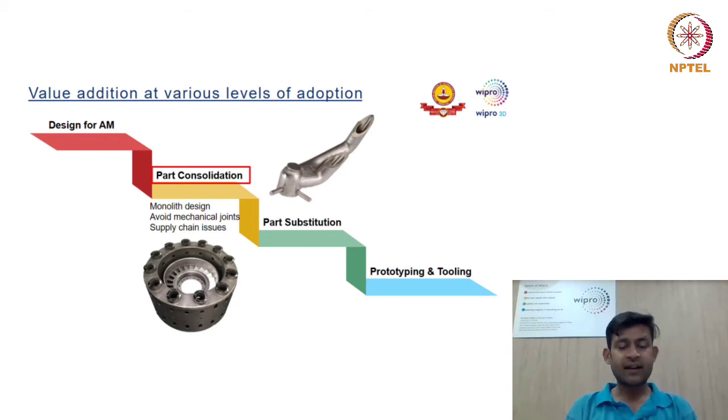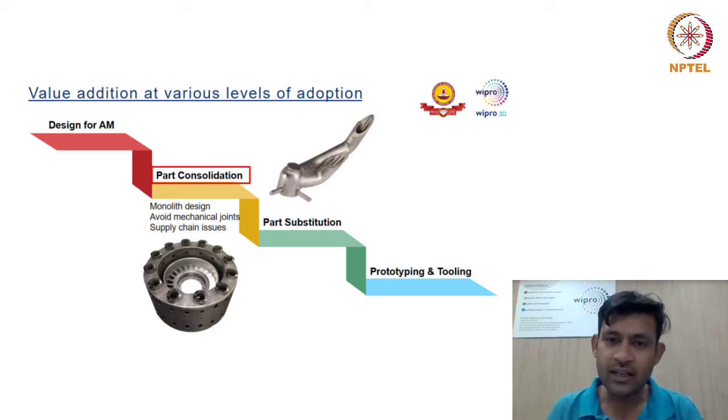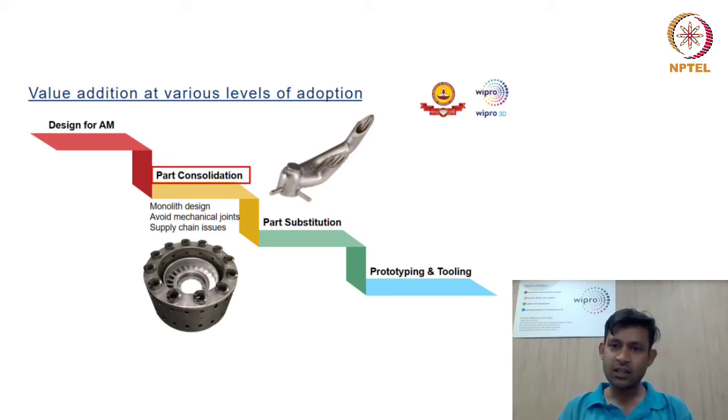But now, with the advancement of AM, as all of us know, AM allows a higher degree of complexity to be achieved in our design, hence we can overcome those constraints and integrate two, three, or more components into a single assembly and produce it as a single design.